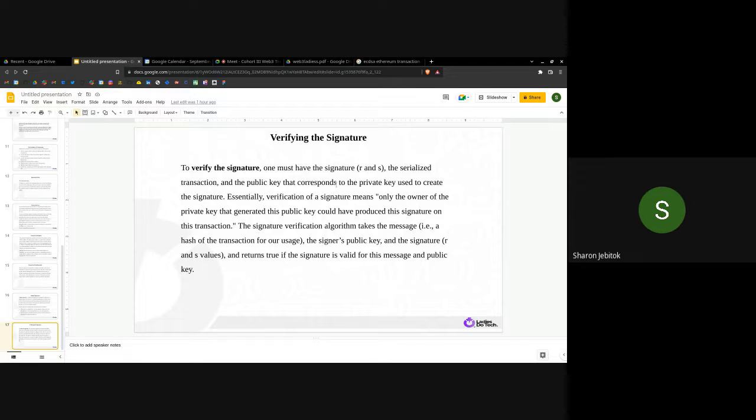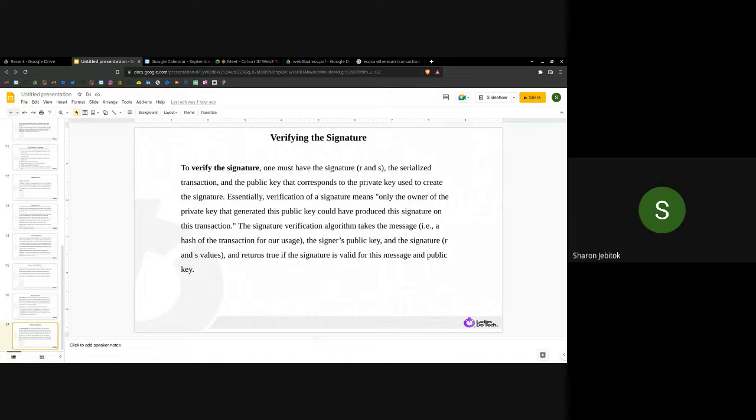Now, this public key could be the address of the sender, and the private key will of course be the private key of that MetaMask account from which that address came, which corresponds to the public key, because there are key pairs.